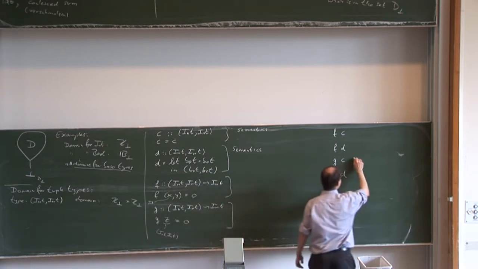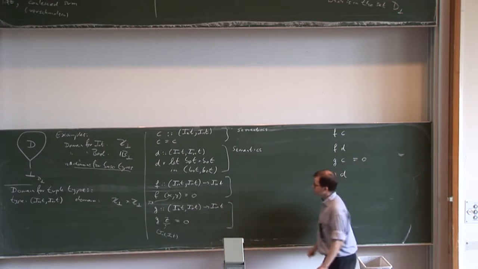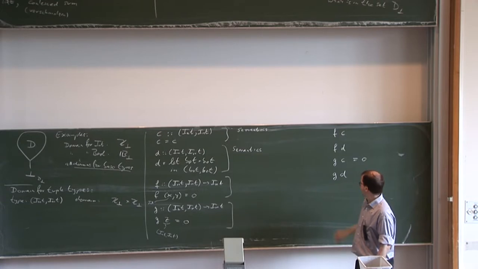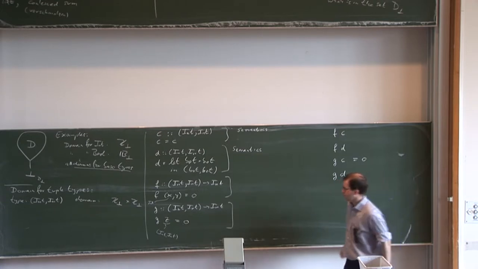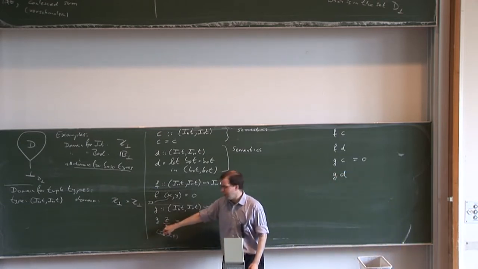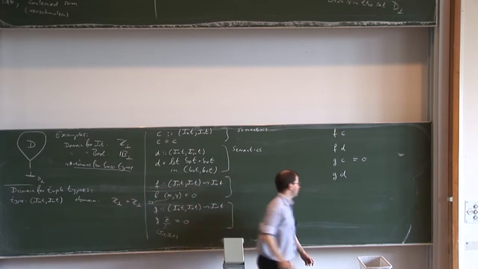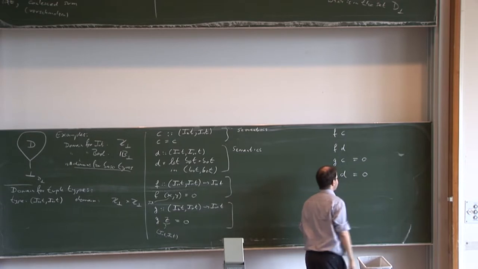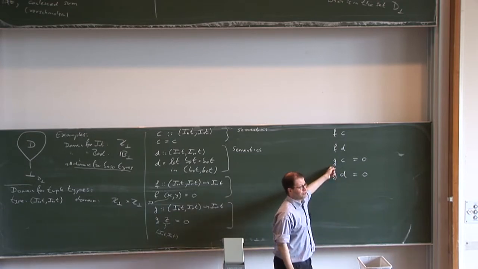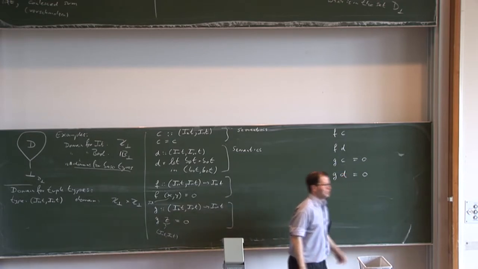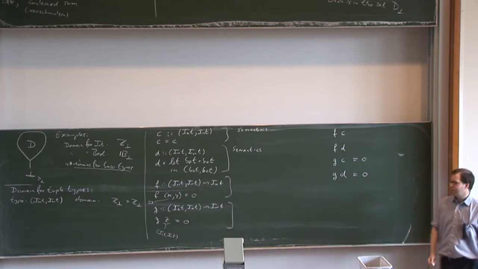So this will terminate and give us 0. Now g of D, same thing. g you can apply to anything of the right type. It matches, so the result is 0 as well. So for g it makes no difference whether you take C or D. g gives 0, always, for anything.